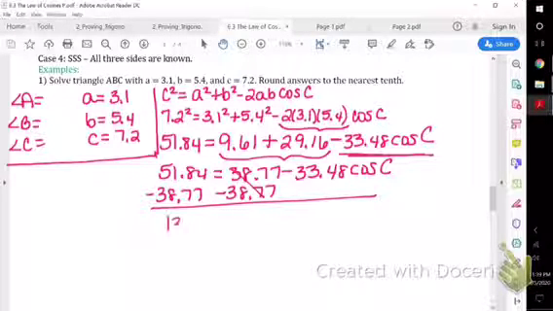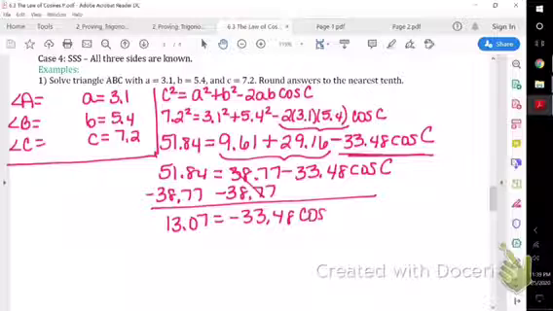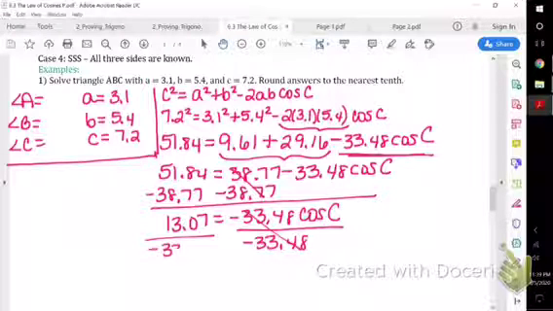And so I get 13.07 equals negative 33.48 cosine of angle C. I have to divide by that negative 33.48. And so I have that cosine of angle C equals that fraction there.